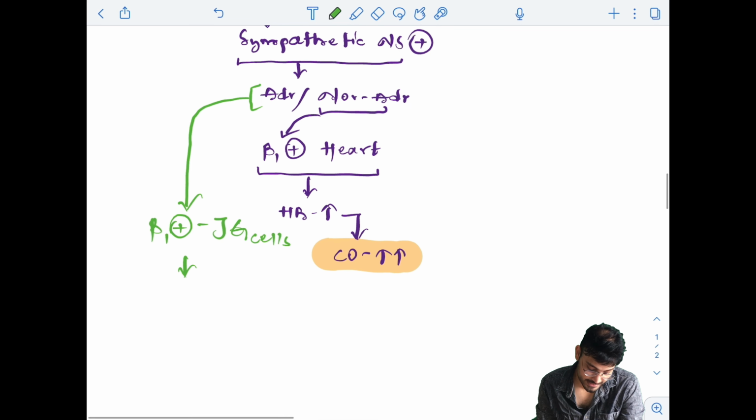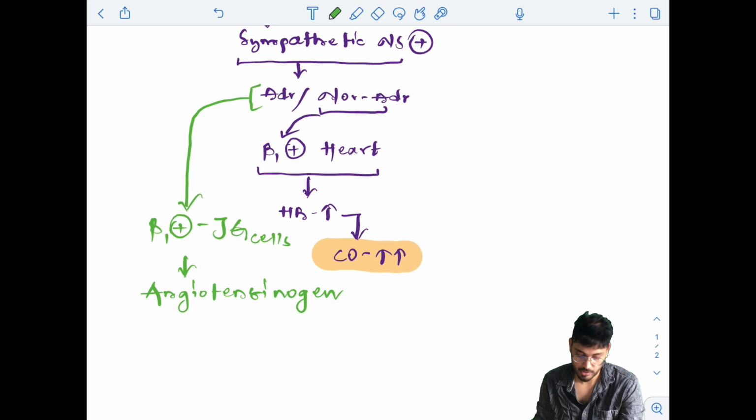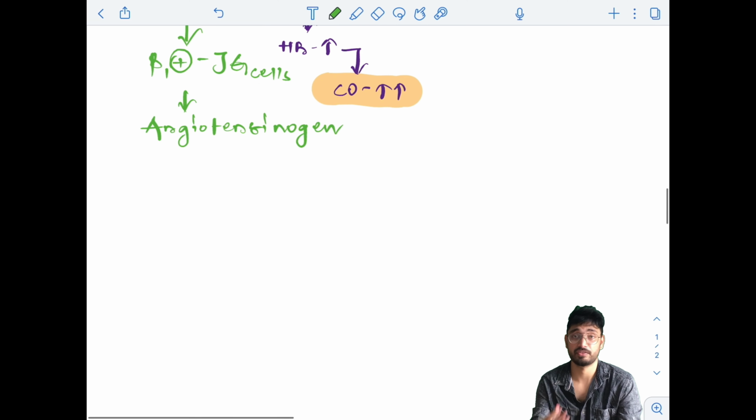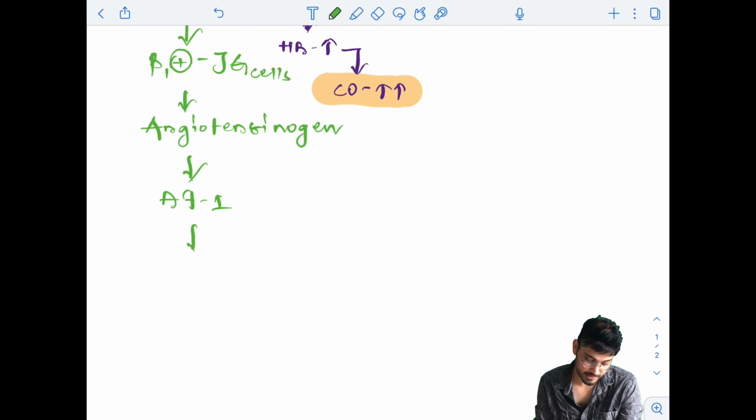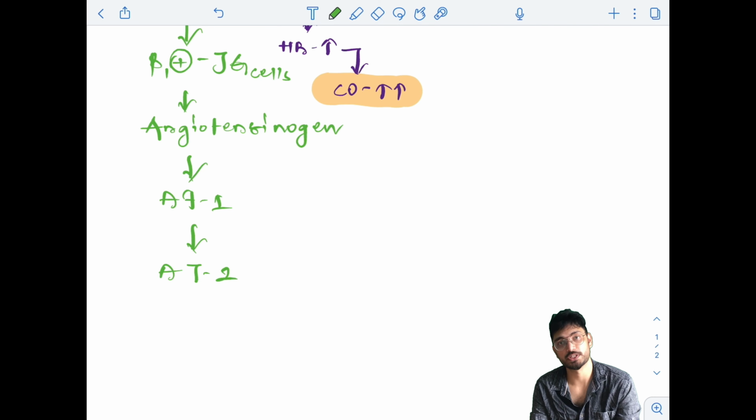They will release angiotensinogen. And we all know the RAS system: this angiotensinogen will be converted into angiotensin 1, and again converted into AT2, that is angiotensin 2.